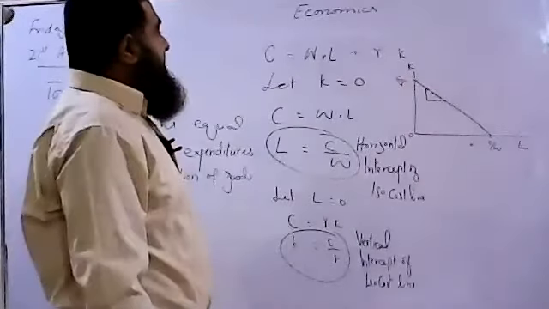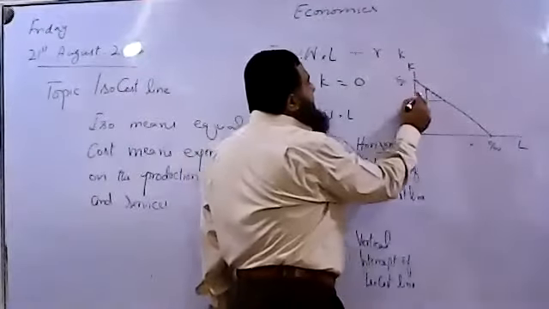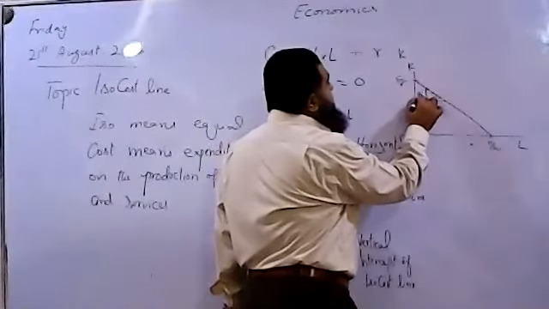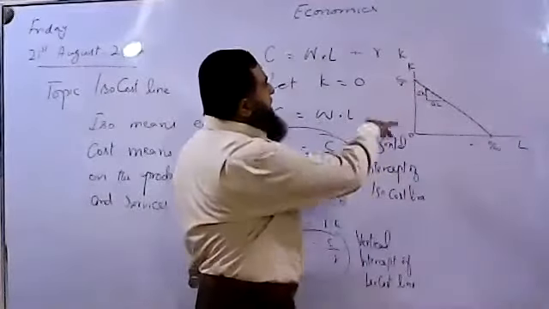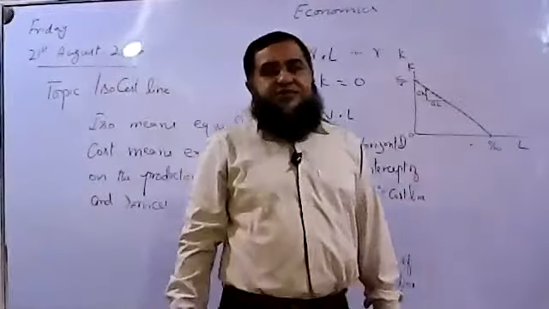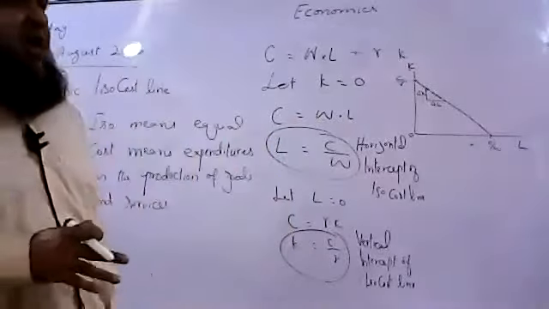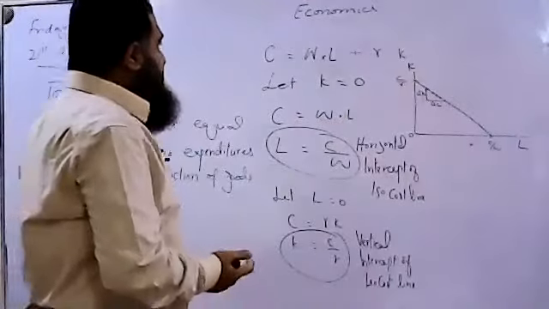It is negatively sloped. It shows that if we are decreasing capital, this is the change in capital over here, and this is change in labor. If we decrease capital, we are able to increase the number of workers. How many units of capital will be given up in order to increase an extra number of workers? That is called the slope.